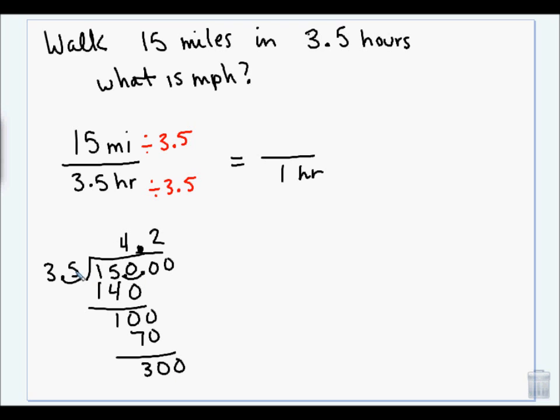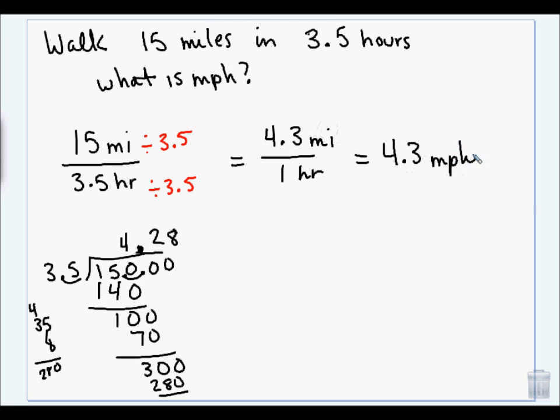Let me see, maybe like 8. Yeah, so 8. And I'm going to say to the nearest tenth, so we'll just round that to 4.3. So your speed is 4.3 miles per hour.